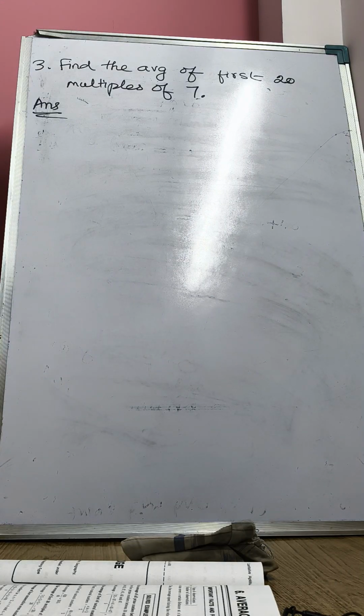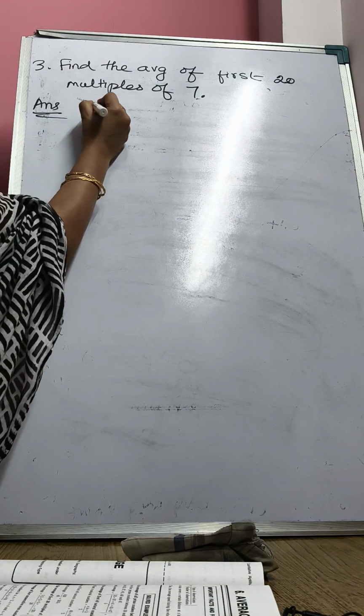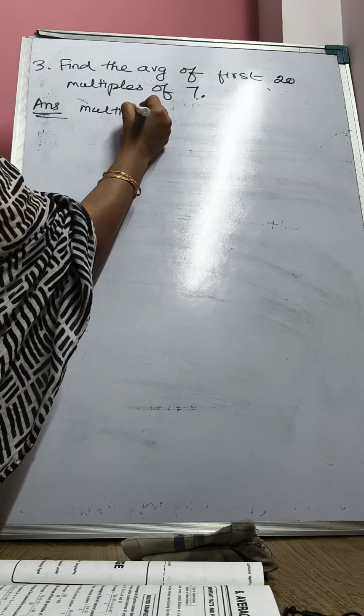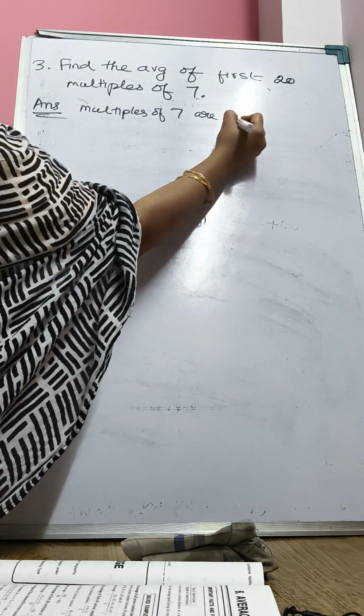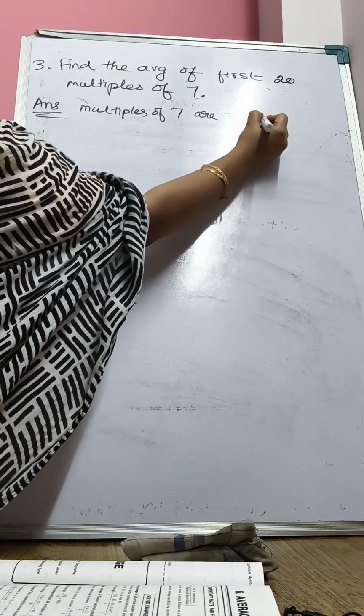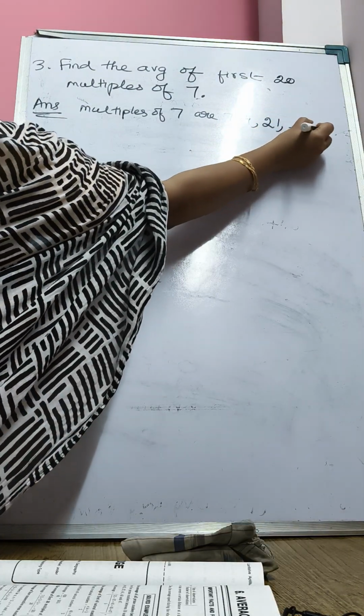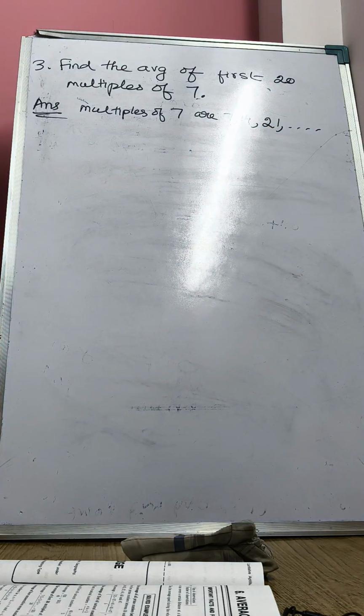Okay, so what are the multiples of 7? Here we will write multiples of 7 are 7, 14, 21 and so on. Isn't it? Now how many multiples do we want?